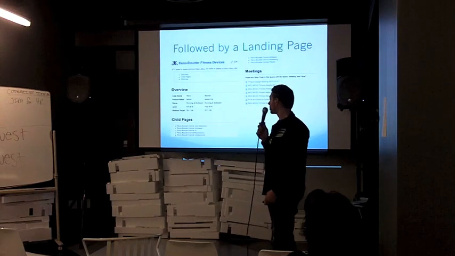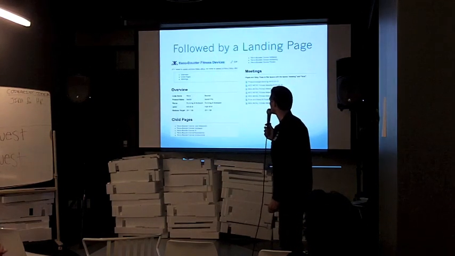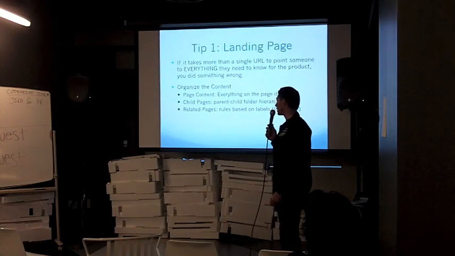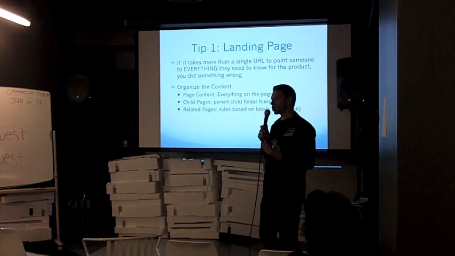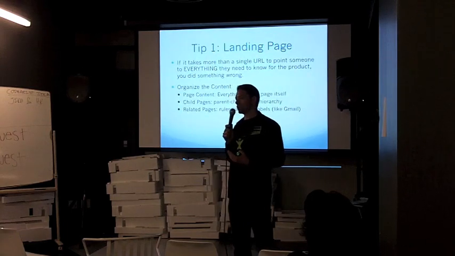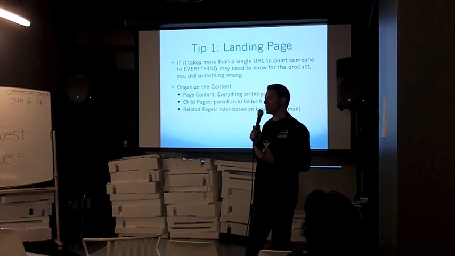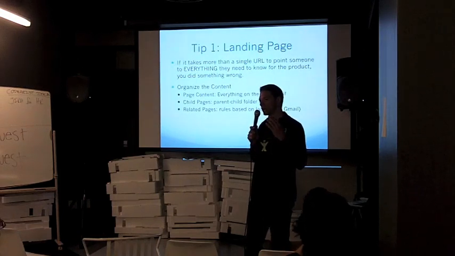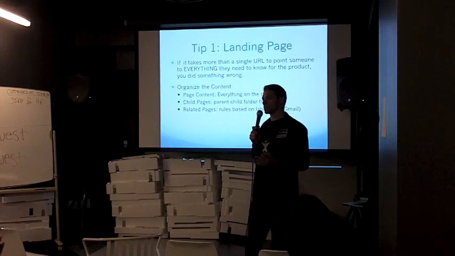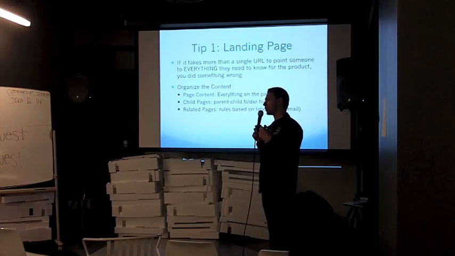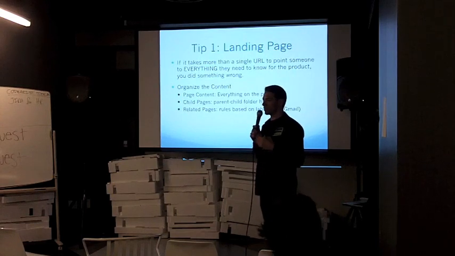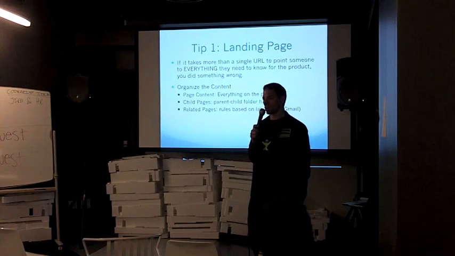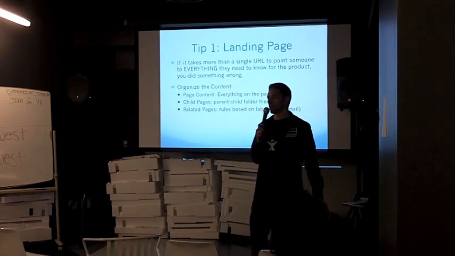So after you wake up to the dream, you start with a landing page. That's a little snapshot of a landing page. So the first tip is if you're going to create a product and document it, you want one place, one URL that you can point people to, and when they say, I want to find everything I need to know about this product from a marketing perspective, from a software development perspective, from a testing perspective, you should be able to give them a single URL to go to, and they should be able to find everything from there.